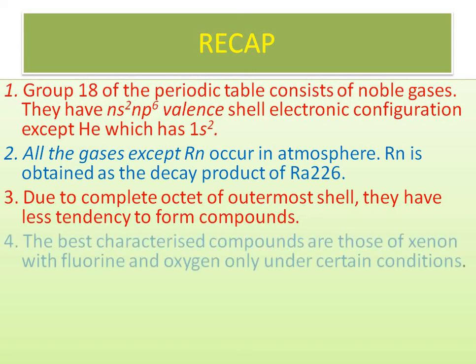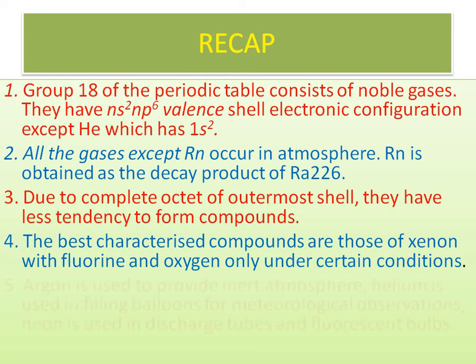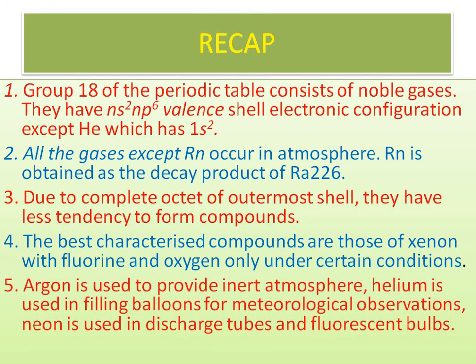Due to the complete octet they have less tendency to form compounds, but xenon can form compounds with fluorine or oxygen. The best characterized compounds are those of xenon with fluorine and oxygen under certain conditions. Argon is used to provide an inert atmosphere. Helium is used in filling balloons for meteorological observation. Neon is used in discharge tubes and fluorescent bulbs.